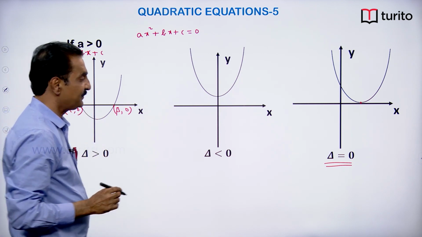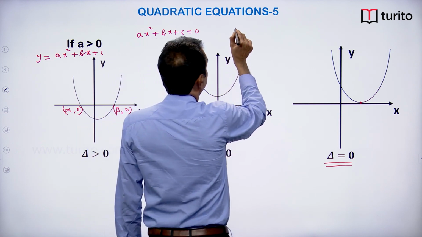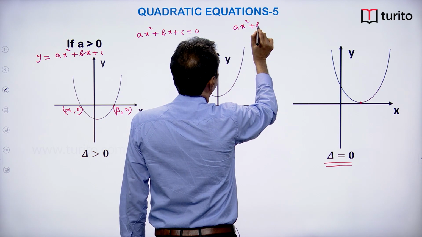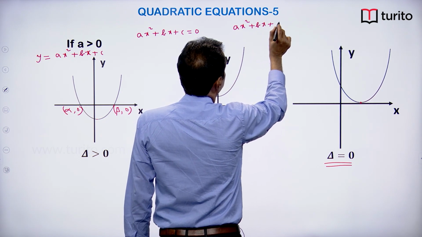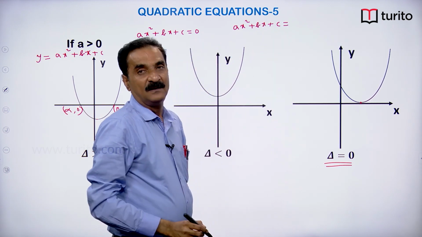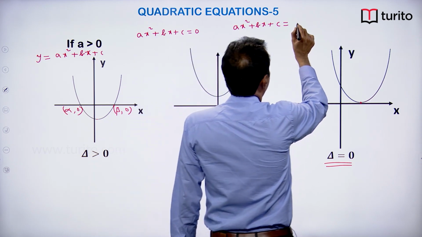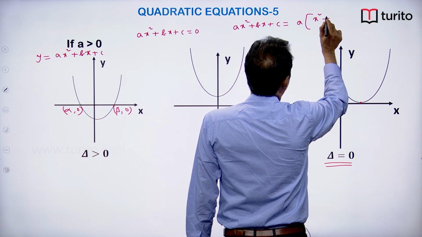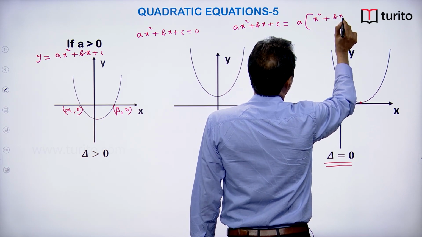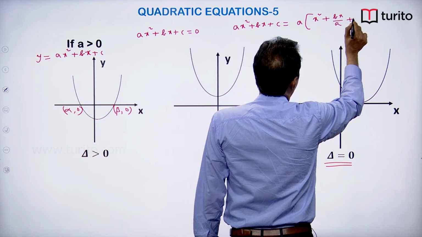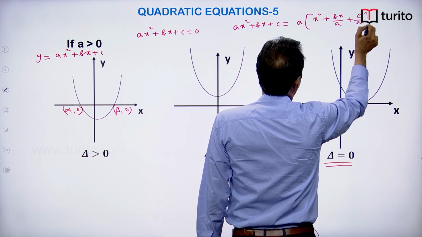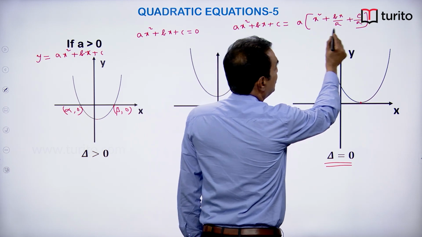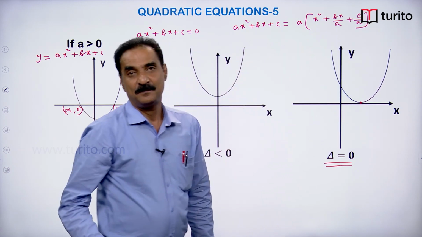You can write the quadratic expression as a into x square plus bx by a plus c by a. Now, you can write this as a perfect square.